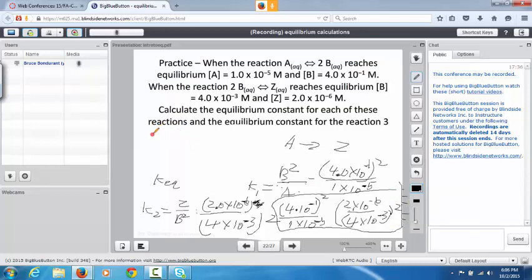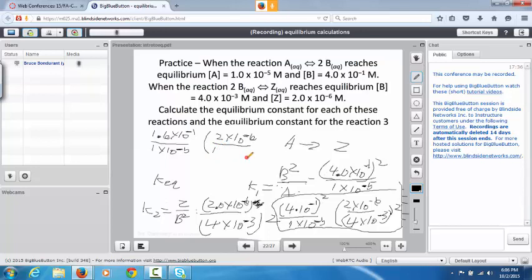We have 1.6 times 10 to the negative 1 over 1 times 10 to the negative fifth times 2 times 10 to the negative sixth over 1.